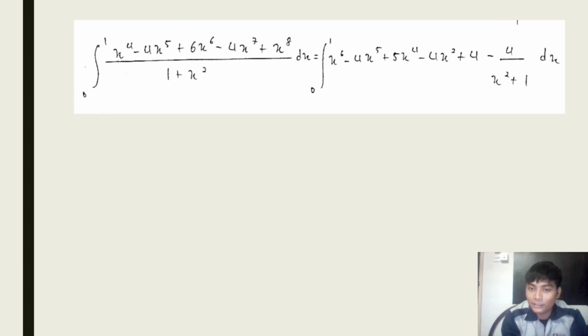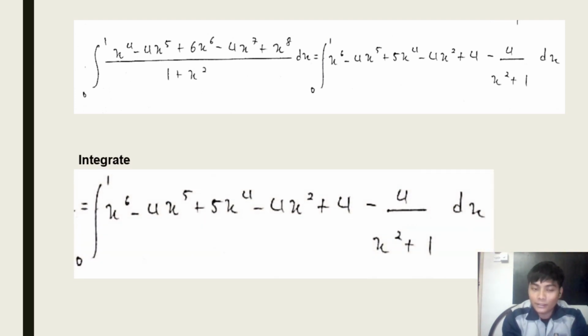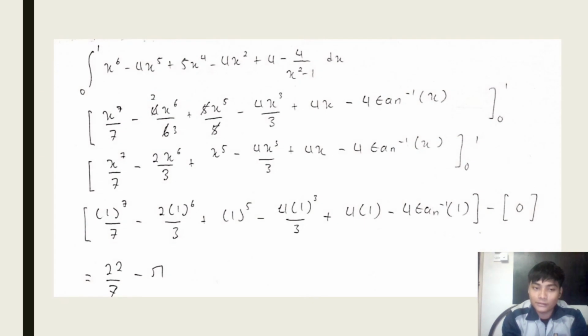After we get this new equation, we will integrate it, and we will get the integration of the new equation, which is x power 7 over 7 minus 2x power 6 over 3 plus x power 5 minus 4x power of 3 over 3 plus 4x minus 4 tan inverse x.